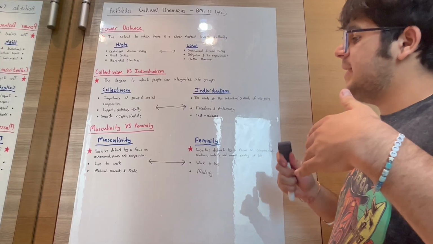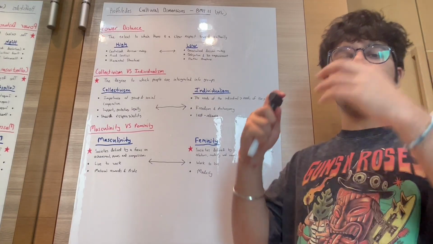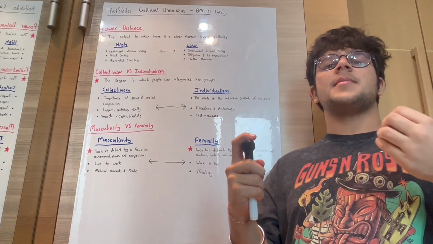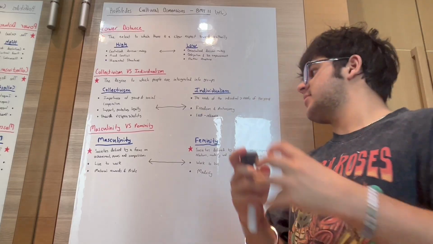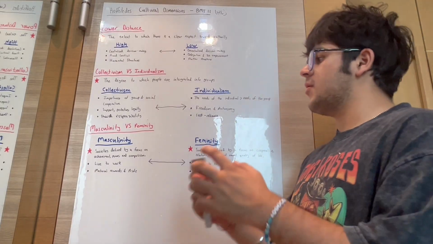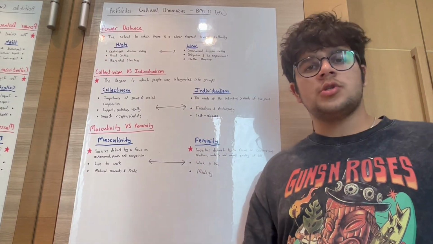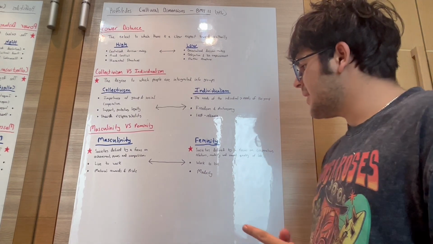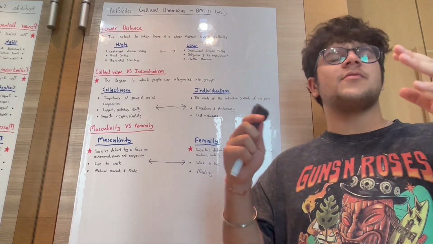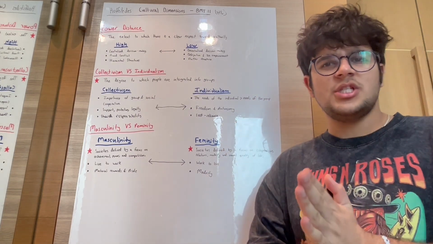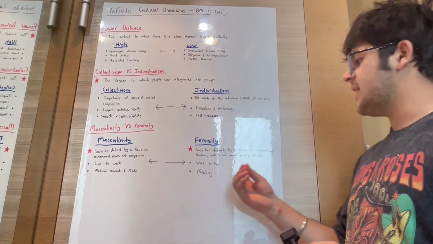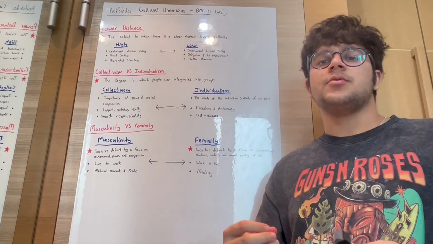This makes it so that this sense of ego and heroism and competitiveness is so prominent in a stereotypical masculinity culture. However, within a femininity culture, cooperation, negotiation, and modesty are the aspects that thrive within individuals.